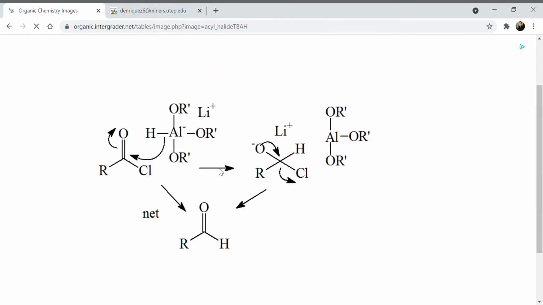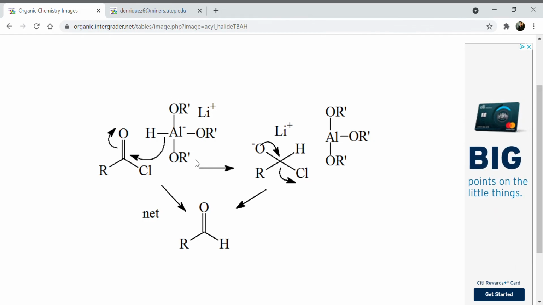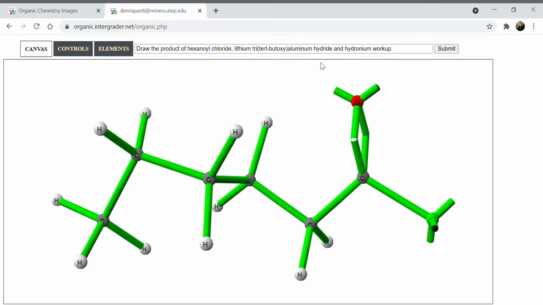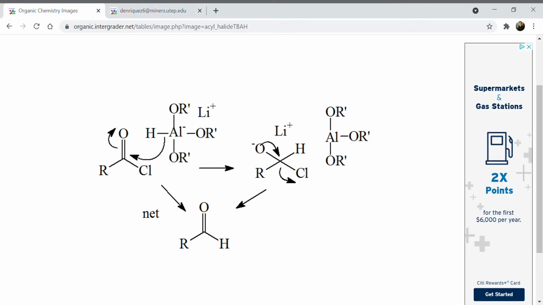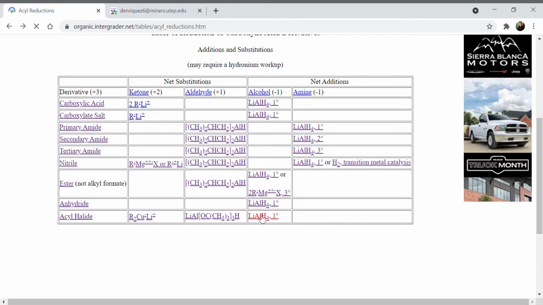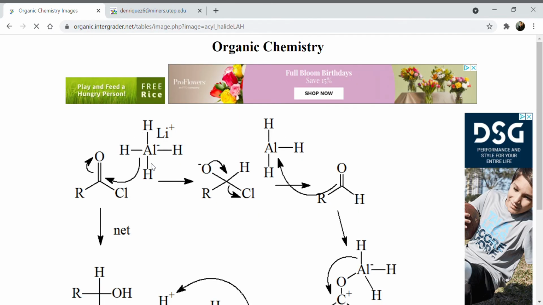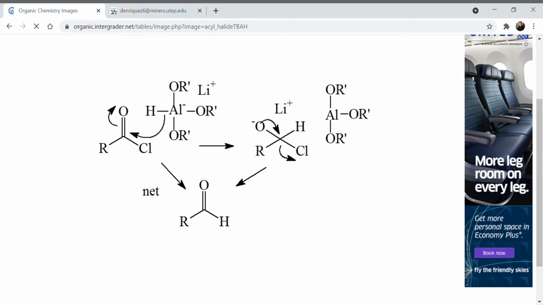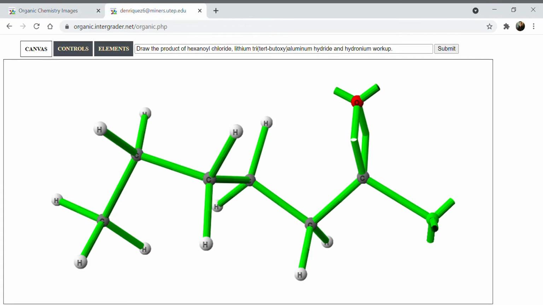Yes, because the tri-tert-butoxy includes all these O groups, as we can see by the oxy. But if we look at the other one, this has no O groups. So we want to make sure we pick the right one as well. And the net product will be replacing that chlorine with a hydrogen.